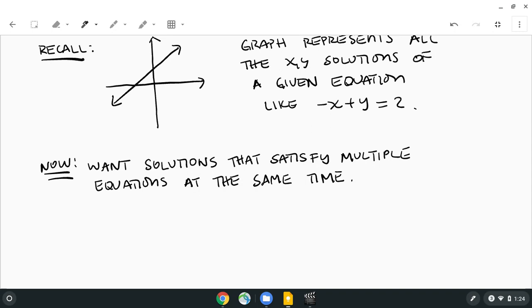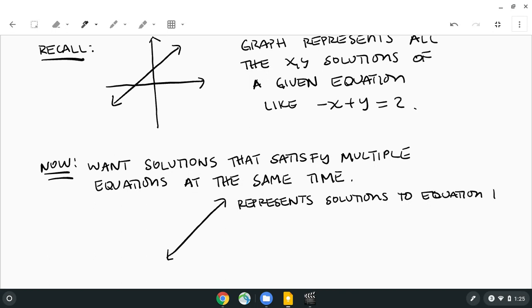Okay, so if I have this line, then this line here represents solutions to equation 1.